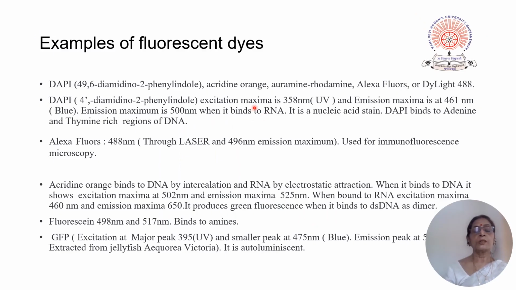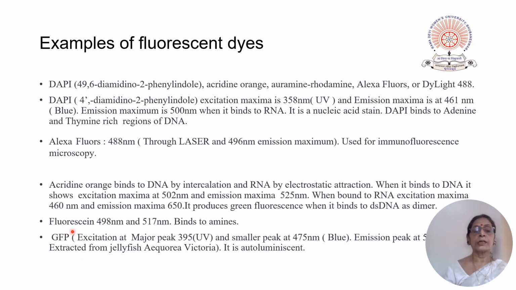These are the examples of different fluorescence dyes, and each dye is specifically used to stain a particular biomolecule or an organelle. DAPI, acridine orange, and fluorescein can be used. GFP is an example of autofluorescence biological molecule.